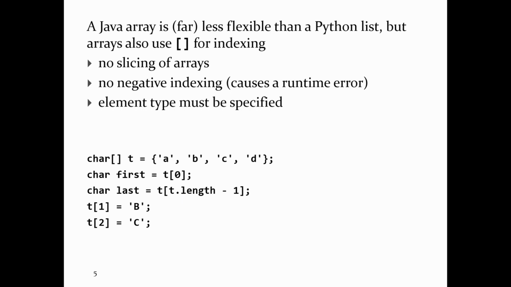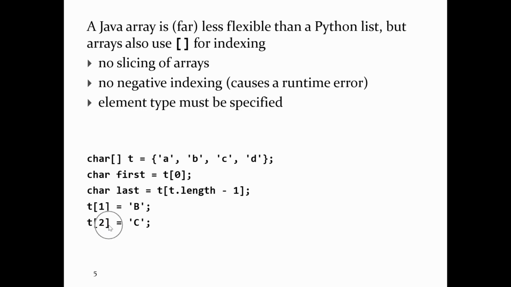So in this particular case, t.length asks the array for the number of elements in the array. So not len(t), but t.length. Arrays are indexed starting at 0, so the last element's index is the length minus 1.